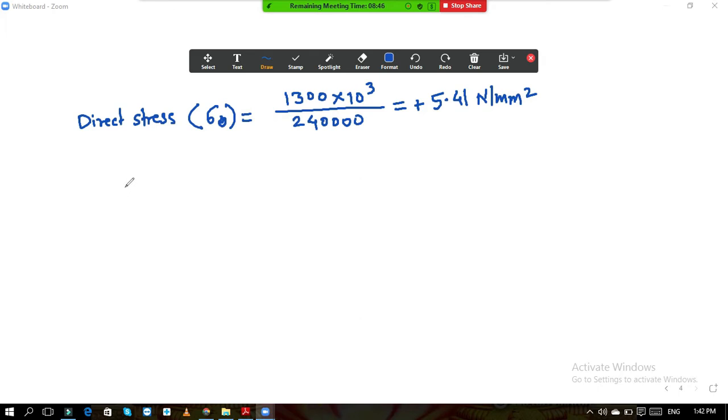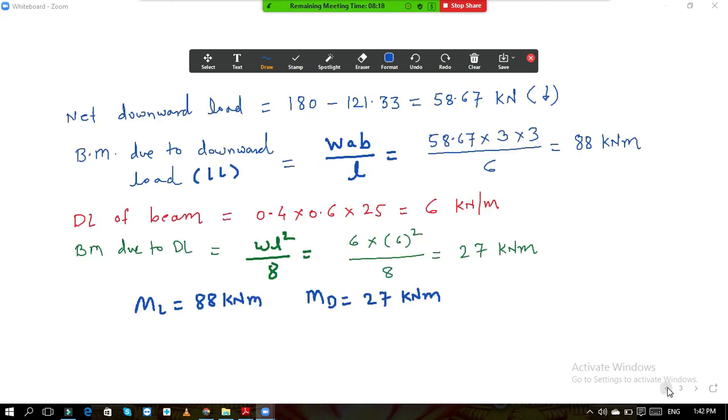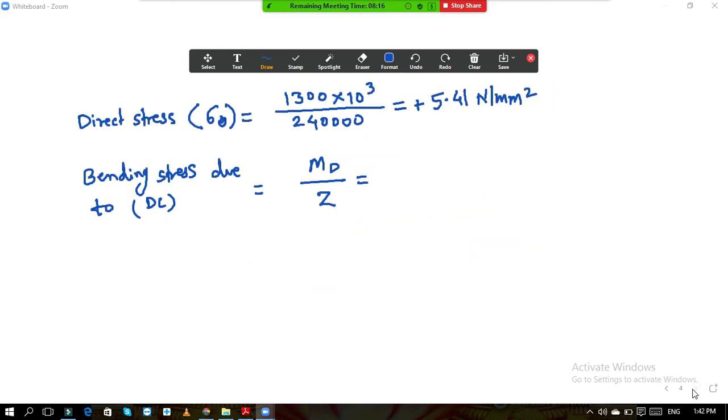Now let us further calculate the bending stress. Next is the bending stress due to dead load first. It is dead load moment divided by section modulus. The dead load moment is 27, so it is 27 into 10 to the power 6 divided by 24 into 10 raised to 6.